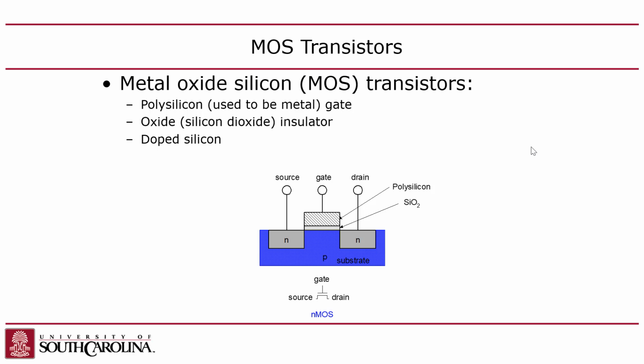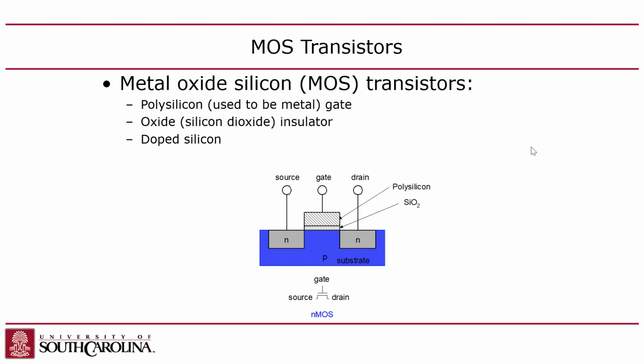Does that make sense? Now, these diffusion areas form a diode, right? Because they're coupled, they're touching each other. The substrate's P and the diffusion area here is N. So this creates a diode. Now remember, a diode flows current from P to N, right? So what you have to do here to make these not connected is make sure you ground the substrate.